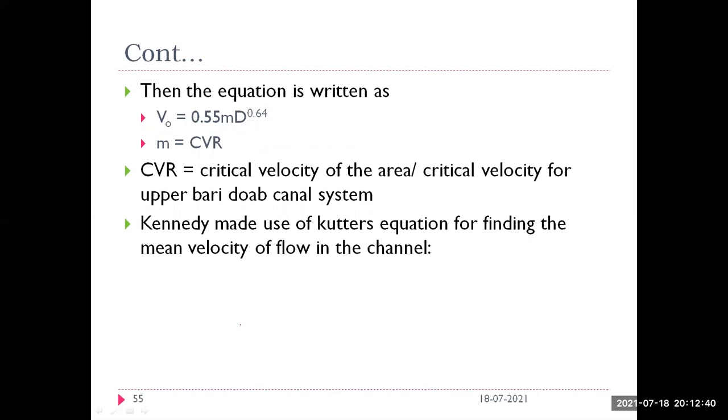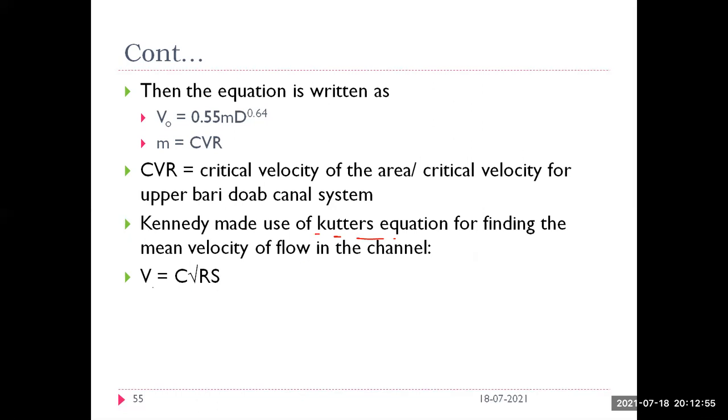And he also used Kutter's equation for finding the mean velocity, since V naught is the critical velocity. So we use Kutter's equation to find the mean velocity of the flow in the channel.